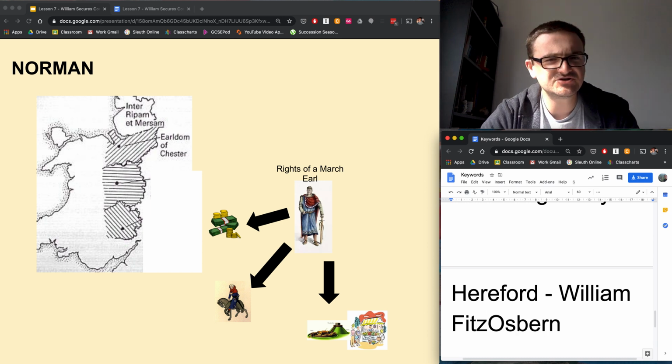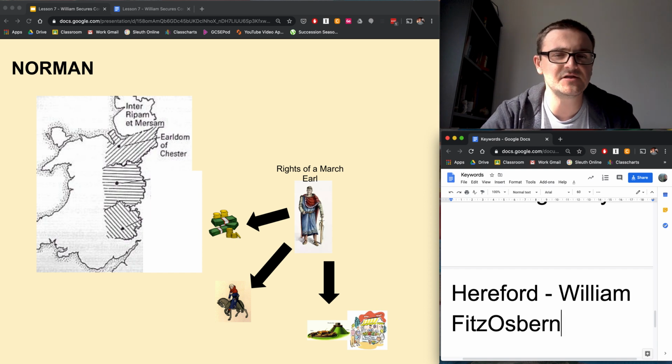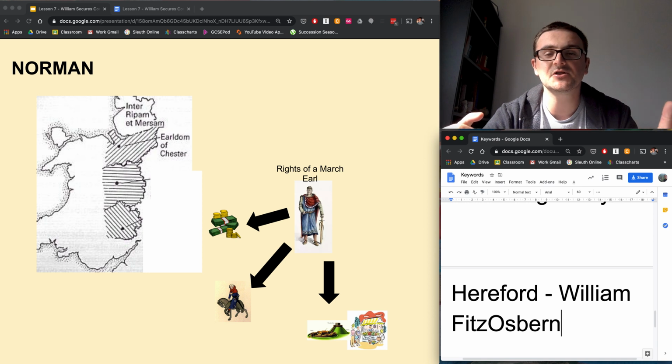Now, I'm going to talk to you about William Fitz-Osbern quite a lot over the next couple of weeks or months, so definitely remember his name. William Fitz-Osbern was one of William's most loyal followers, one of the people William trusted the most in the world, and he was made Earl of Hereford to help William control the people there.